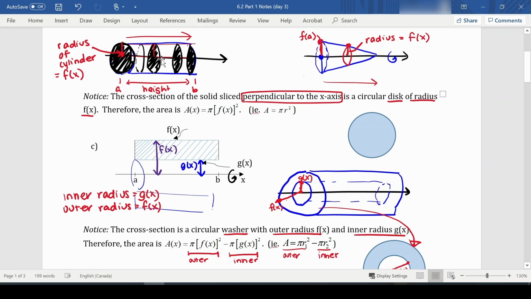So we say that they are infinitely thin. So we have an infinite number of these very thin circles all adding up together left to right to form our object. The thickness of each of these circles would be considered our delta x, which in an integral is then our dx.